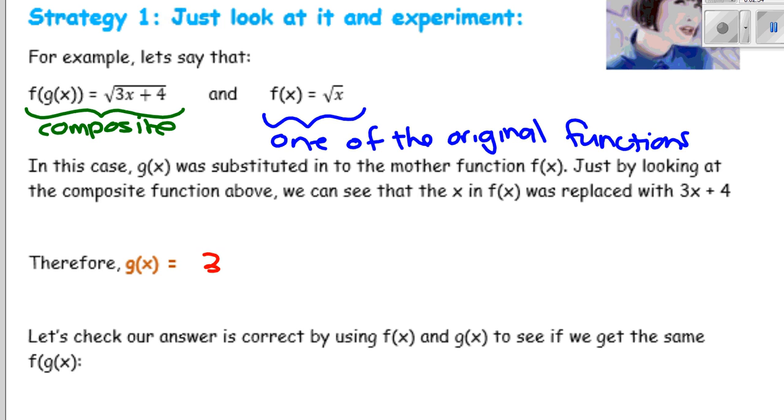Yeah, why is it 3x plus 4? What did you just ask, or what did they say? So what we were asking was, if this is the composite, and according to this, f is the parent function, the mother. So what function got subbed in for that to make the composite? Okay. So we're trying to find out what was the g of x.